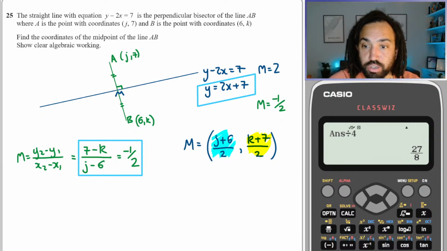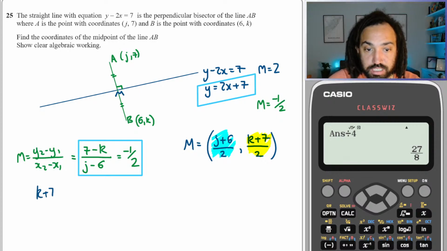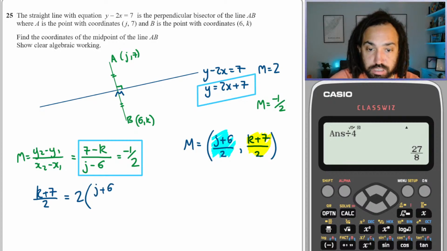Y, which we know is k plus 7 over 2 for that midpoint. The y coordinate of the midpoint can equal 2 times the x coordinate plus 7.